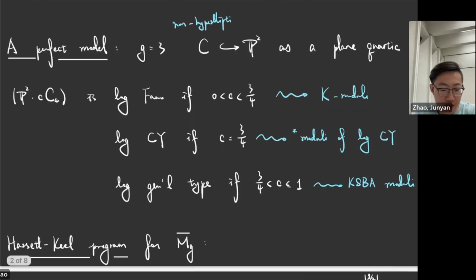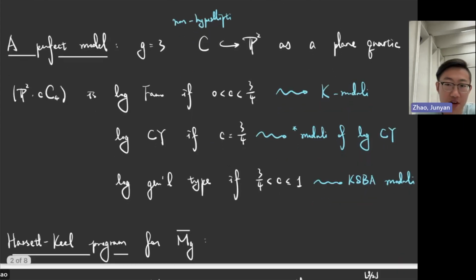Here's a perfect model. This is work from a long time ago. A non-hyperelliptic genus 3 curve can be canonically embedded into the projective plane as a plane quartic curve, of degree 4. So you can consider the pair P2 with a coefficient c, where the boundary divisor is the curve you consider.